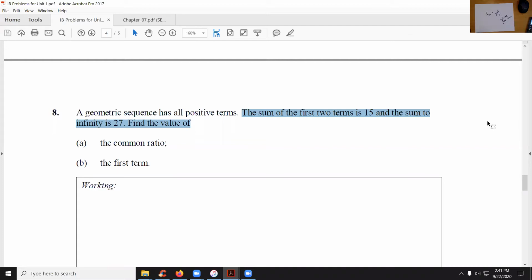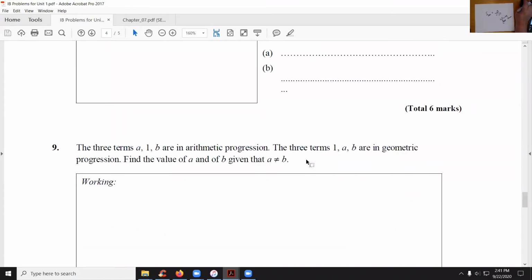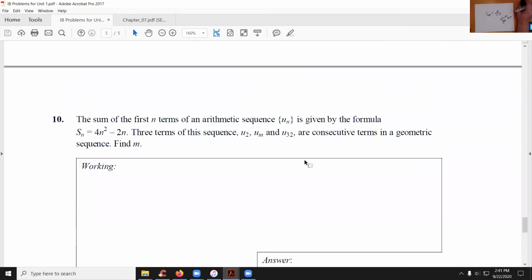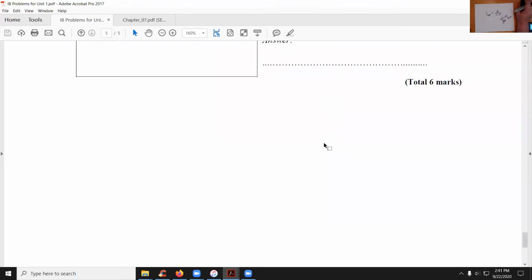But in case anybody wants to jump onto those problems, they can. So 6, 7, and 8 have infinite pieces to them. 9 doesn't have any infinite, so you can do that one right away. 10 is arithmetic and geometric put together. And that's it.